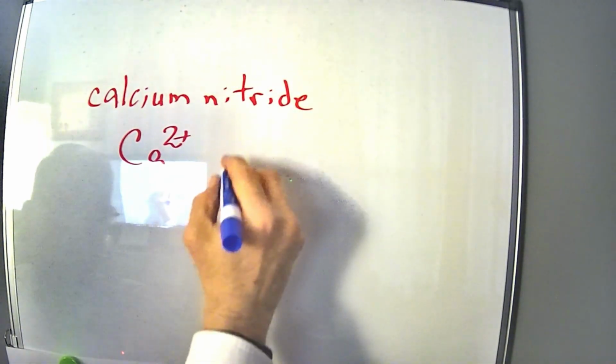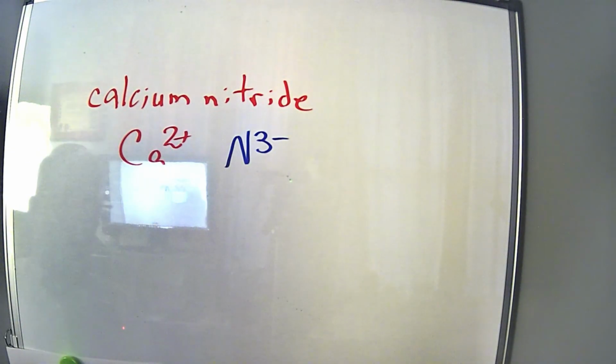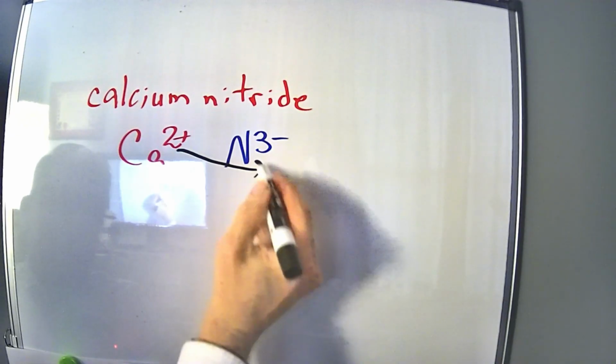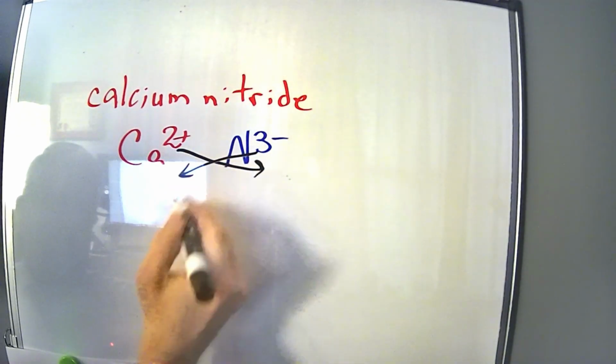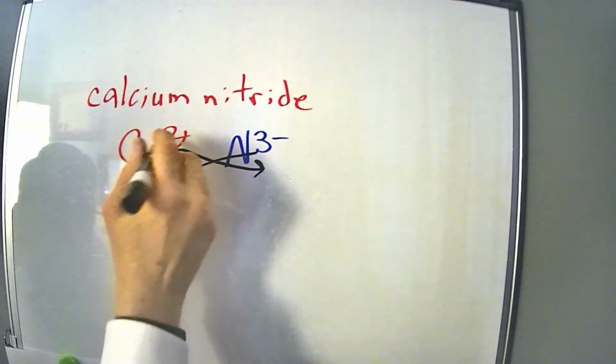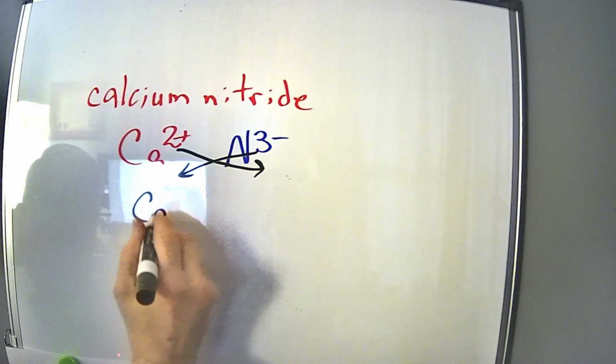Nitride is N, 3 minus. So I'm going to have a 2 as my subscript for the nitride ion, and a 3 as the subscript for the calcium ion. Remember, we're not moving the number from the charge. We're not moving the charge itself. We're simply using the same number that's in the charge as a subscript for the other ion. So Ca3N2.